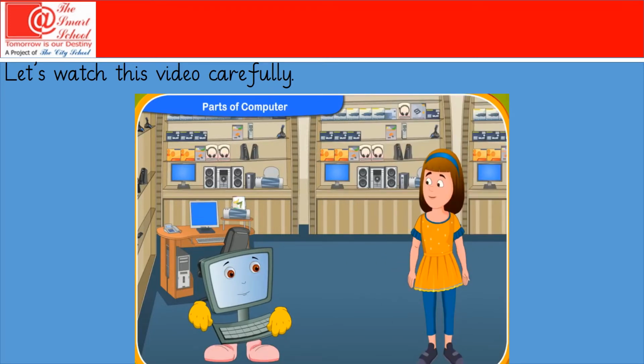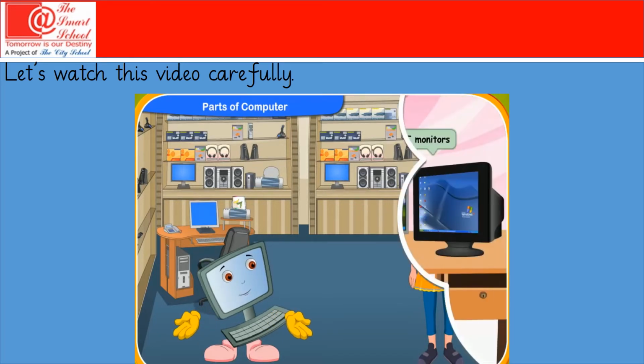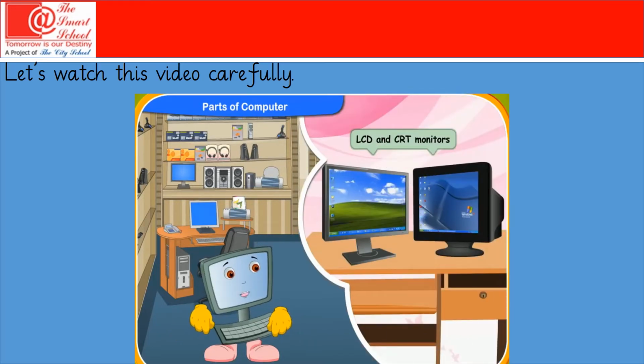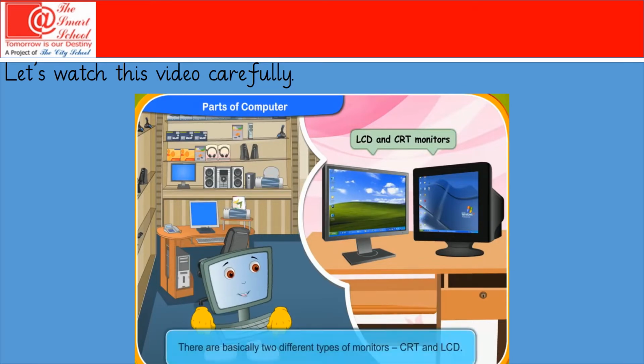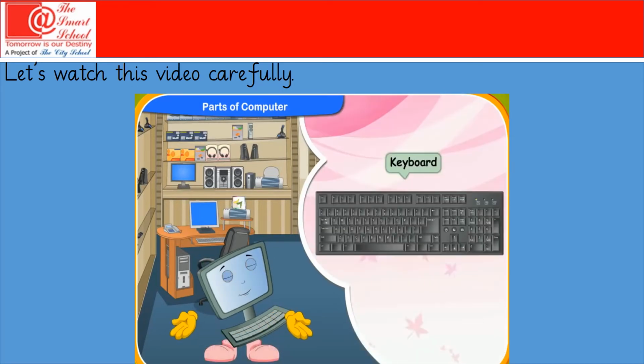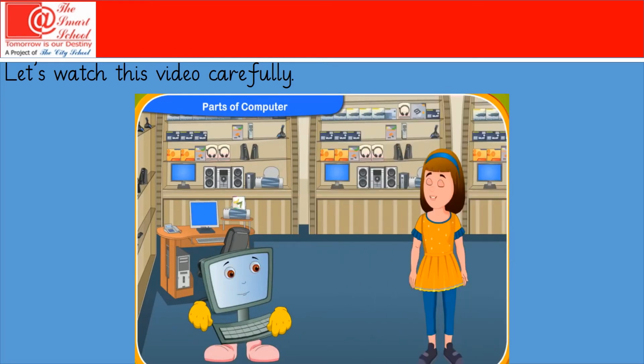Look, Clicko, these two monitors looks very different from each other. Yes, Rennie. Nowadays, monitor comes in different shapes and sizes. There are basically two different types of monitors, CRT and LCD. And this is the keyboard. Yes, I know that.